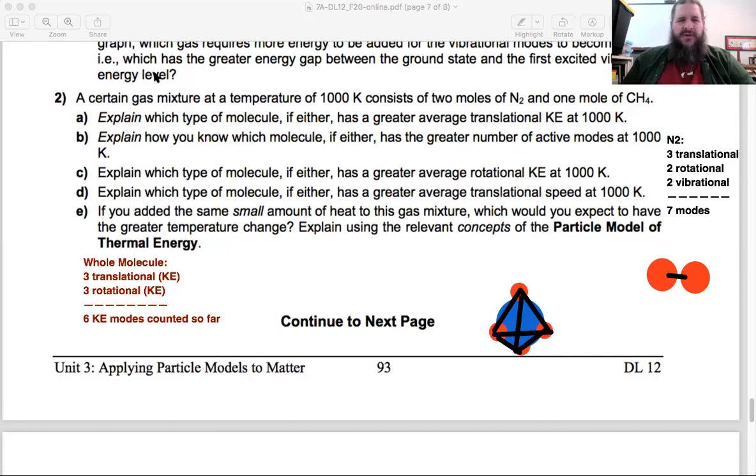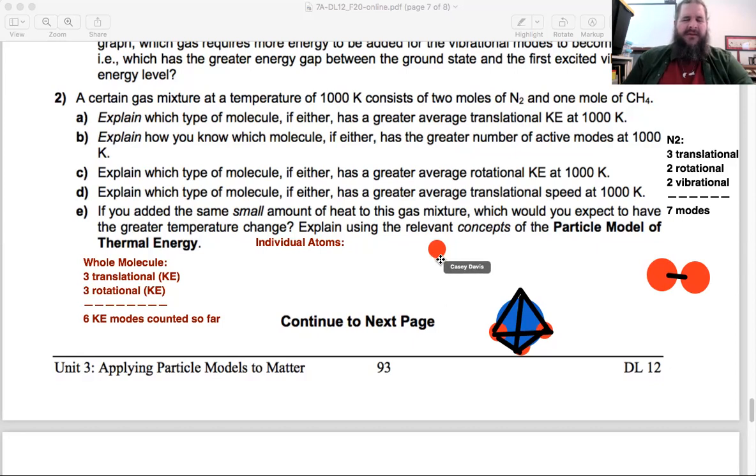But if we now take a look at what's going on inside, if we look at the individual atoms within the molecule, if you take a look at one atom, like let's say this one hydrogen atom, how many kinetic energy modes would you expect that one hydrogen atom to have? 1.